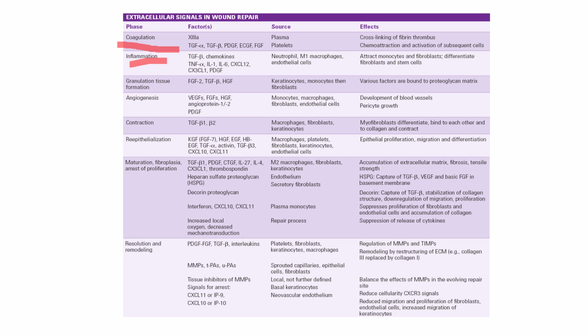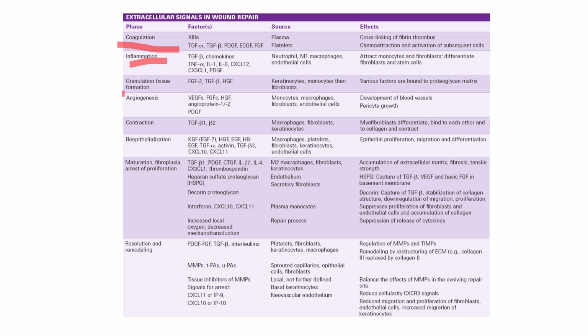Their sources are neutrophils, M1 macrophages, and endothelial cells, and the effect produced are recruitment of monocytes and fibroblasts, and activation and differentiation of fibroblast and stem cells.